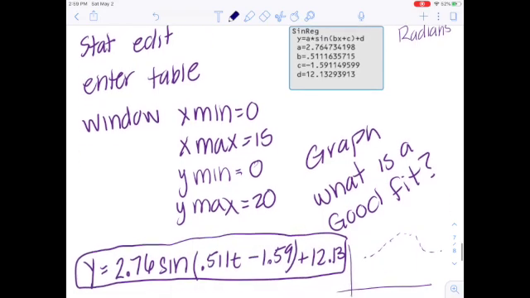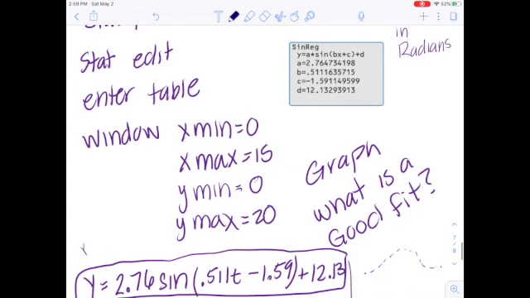Sine regression is C. I don't know if I got that. Okay, so let's add that. Stat, and then jump over to calc, and then go down to sine regression. And that is C. Okay, and you're going to hit enter, and you're going to calculate.